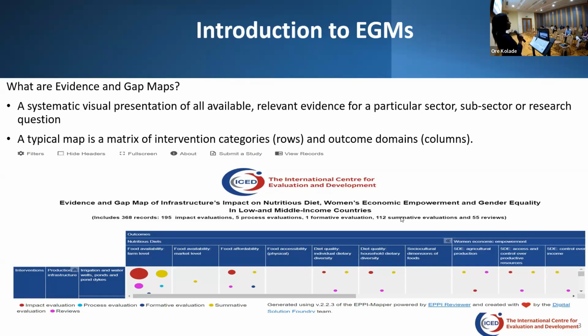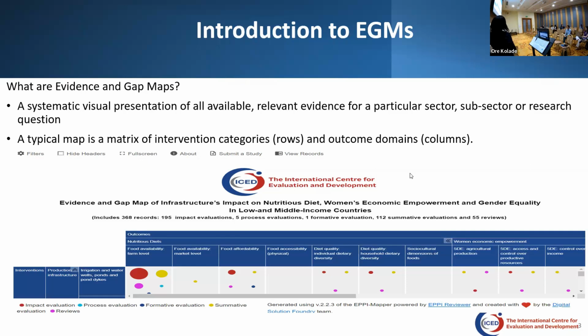So we say it is systematic because the papers that are included in the map are not just chosen haphazardly. We go through a search process and a screening process to get all these papers, so it is systematic. And it's visual because from looking at the evidence and gap map, you can see where evidence is clustered and where there's no evidence. That's where the gaps are.